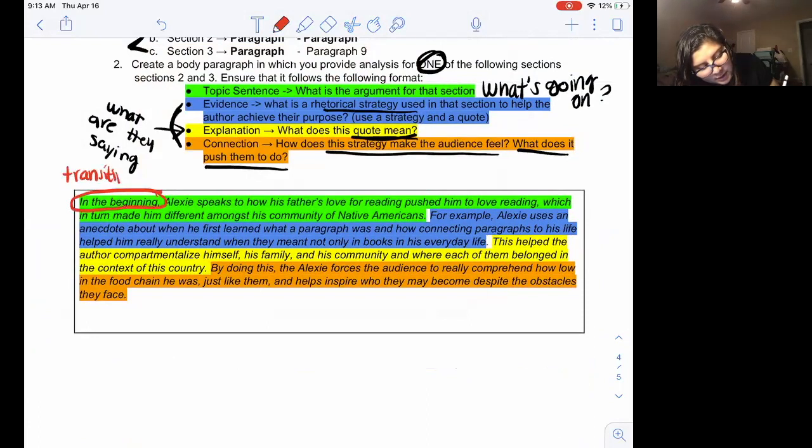And this transitional phrase is meant to describe what part of the section or what part of the text you're talking about. So in the beginning, maybe section 2 could be toward the middle.